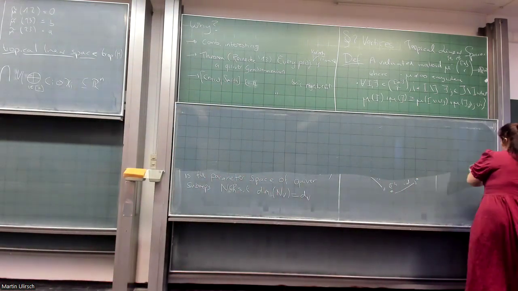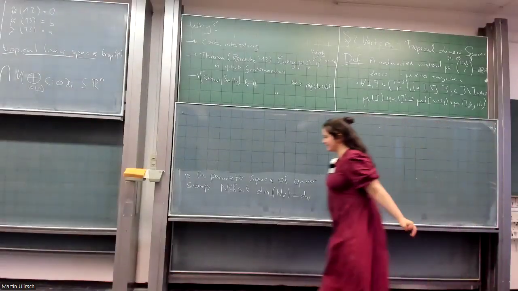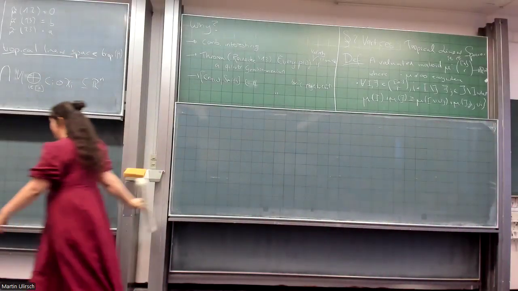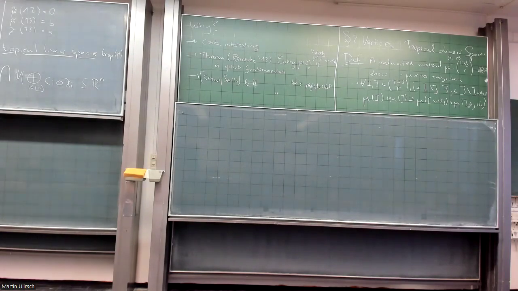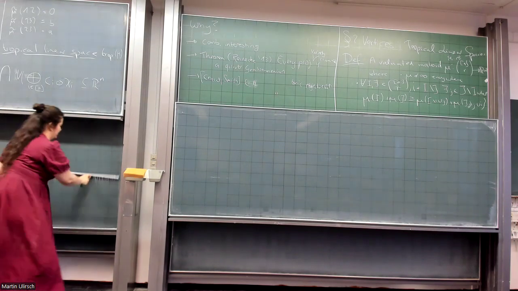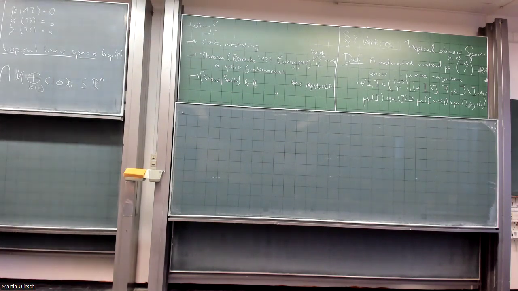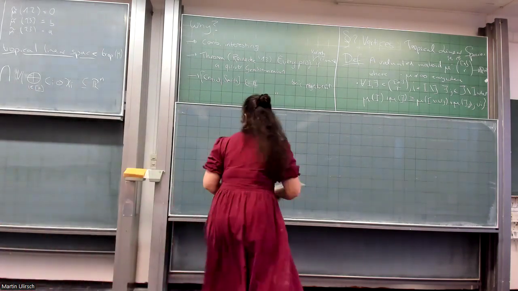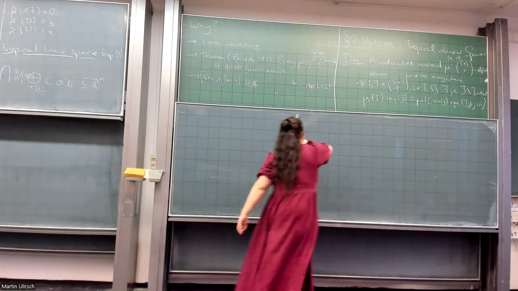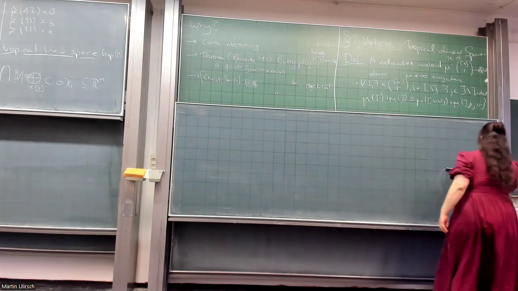So there's only one circuit, and your tropical linear space is cut out by precisely one equation, namely the equation that this thing gives you. Essentially, what this equation does is reverse the order of your circuits in the way I wrote them down for you.